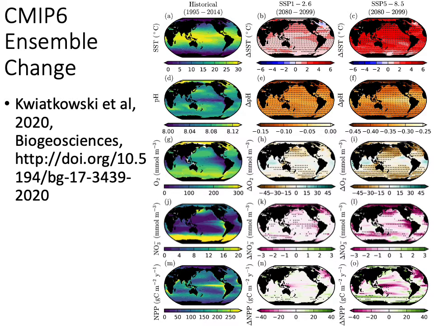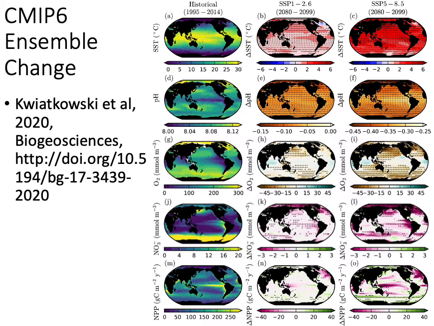So the low emission scenario warms less, and you can see from all the little dots that most of the planet has agreement among the models. The same is true for ocean pH, where there is considerable agreement.